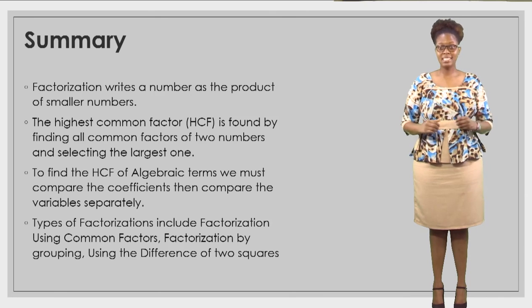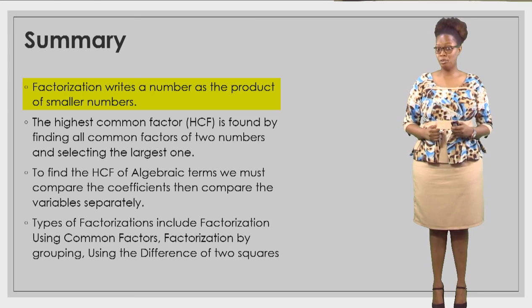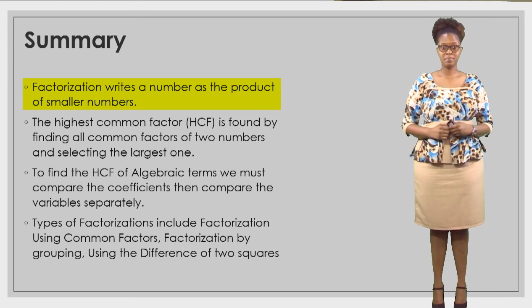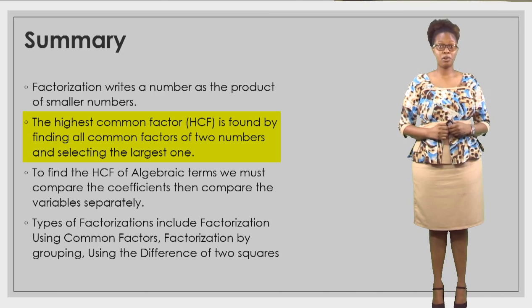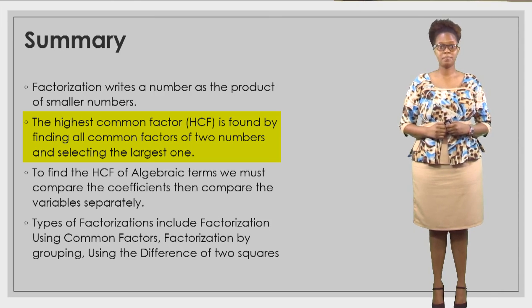So to summarize today's lesson, factorization writes a number as the product of smaller numbers. The highest common factor, or HCF, is found by finding all common factors of two numbers and selecting the largest one.